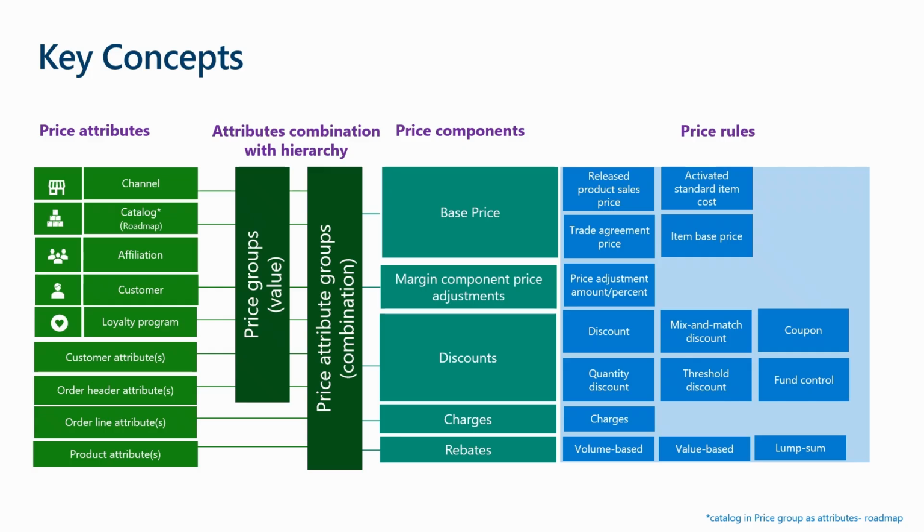Price groups logically group pricing header attributes and individual line attributes across supply chain management and commerce. It is optional. Price groups support adaptable pricing strategies for both B2B and B2C, enabling a consistent approach across different customer segments and business models.